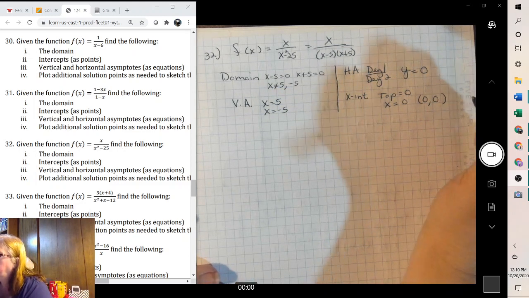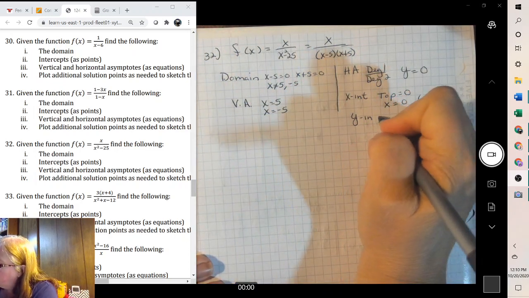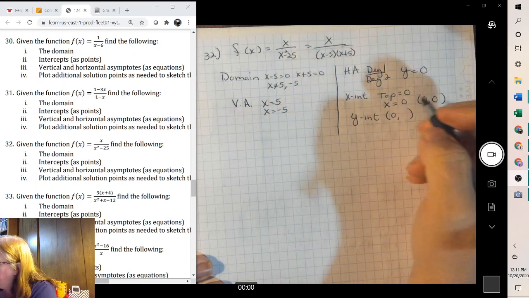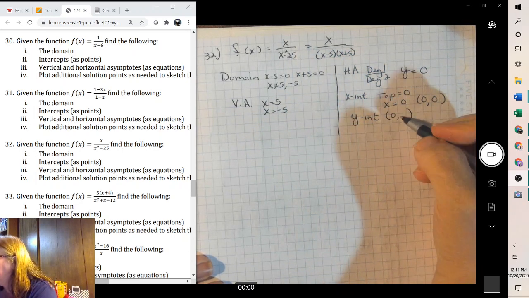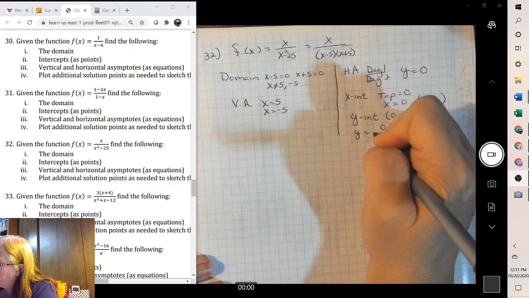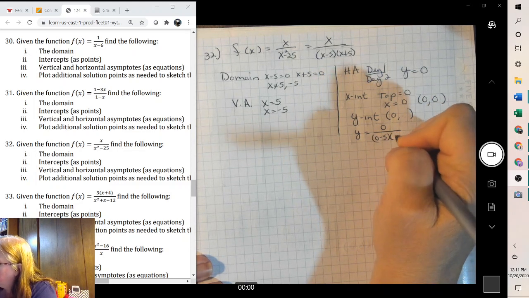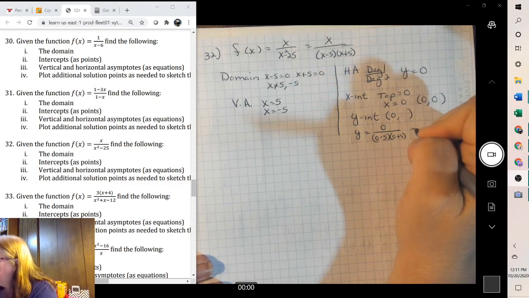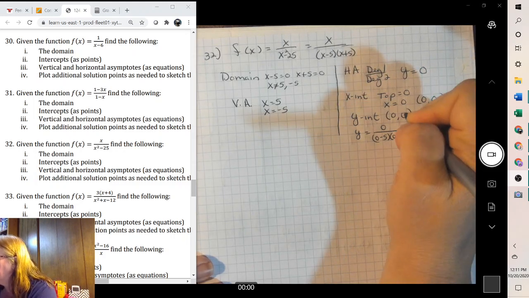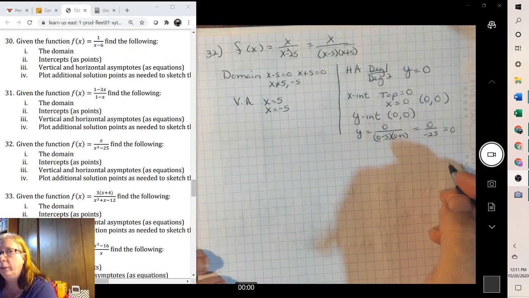The y-intercept, I'll just put it right by this one. We let x be 0, and if we plug it in, notice we've already found it. But plugging it in, if you want to double check, is 0 over -25, which is 0. Probably going to have to find some extra points.